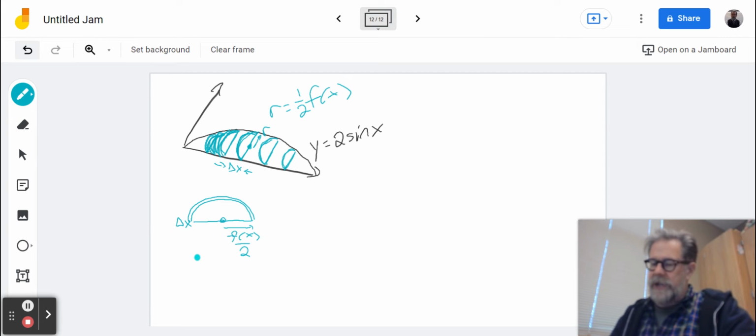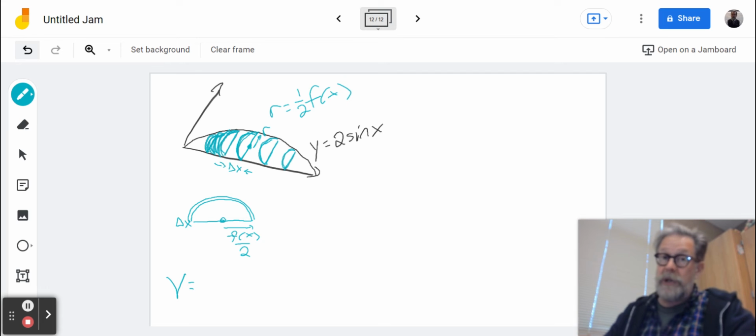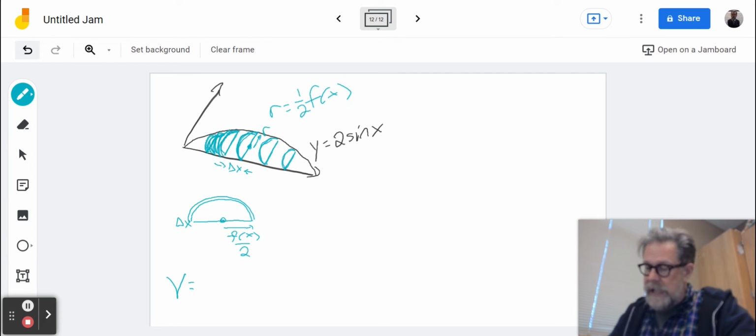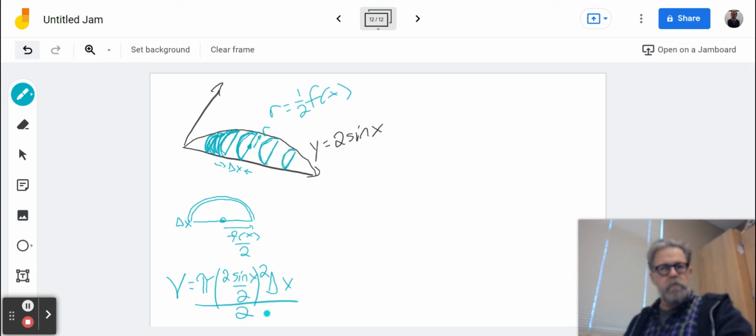Which means that my volume of a semicircle is pi r squared h divided by 2, because it is a semicircle. So I've got pi r squared, 2 sine x over 2 squared, h delta x, divided by 2.